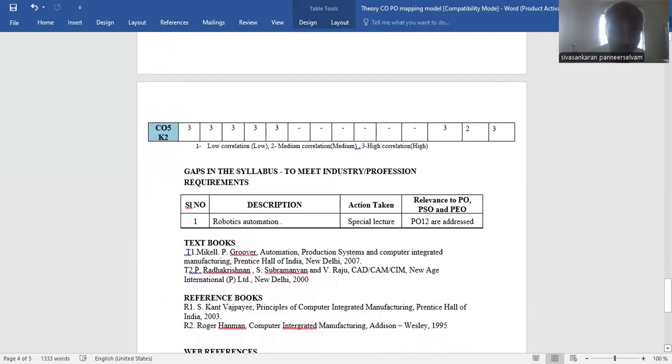In my subject, the gap found is robotics and automation, which does not meet the industry professional requirements. So a special lecture has been conducted to meet the gap, to enrich the knowledge of the students on the fundamentals of robotics and automation by addressing the pivotal lifelong learning.